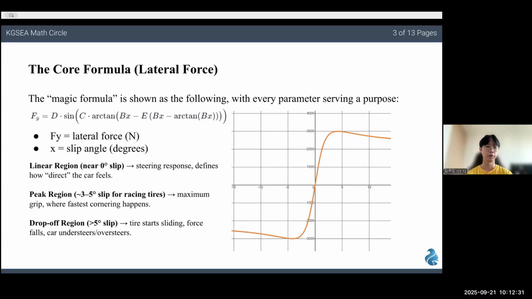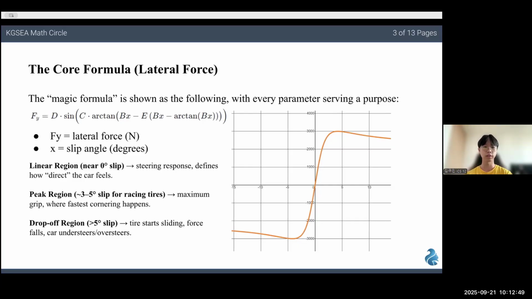First of all, F of y and x respectively represent the lateral force and the slip angle in degrees. On the graph on the right side, you can see an example graph of the magic formula.